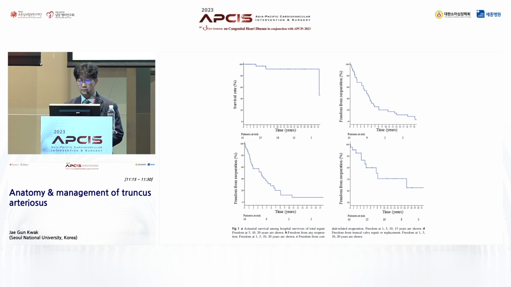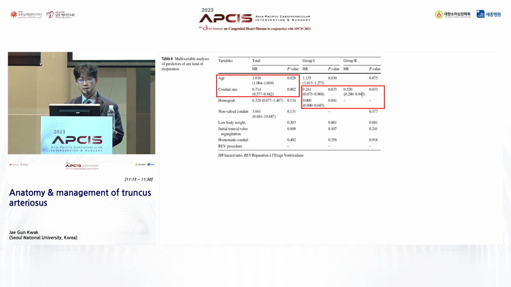For truncal valve repair, the survival is good, but we cannot avoid reoperation for these patients. The predictors for any kind of reoperation were age and conduit size, and the homograft was not so good.